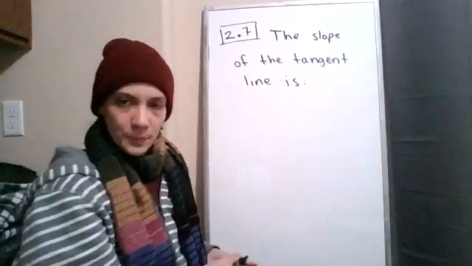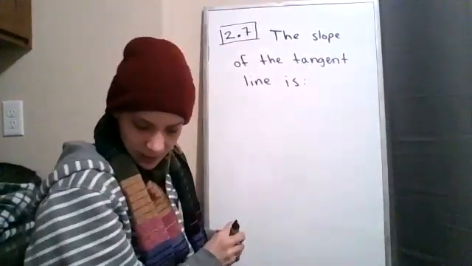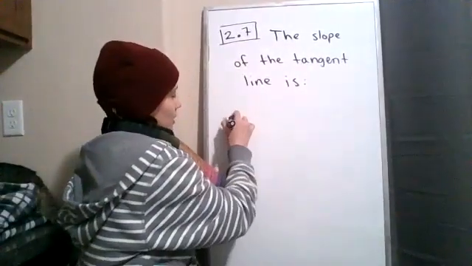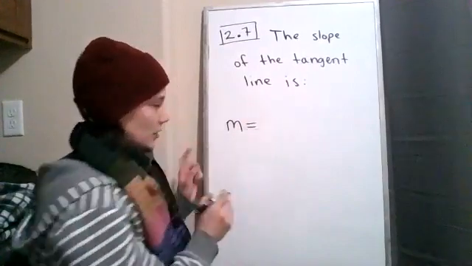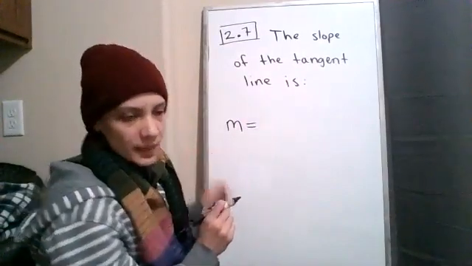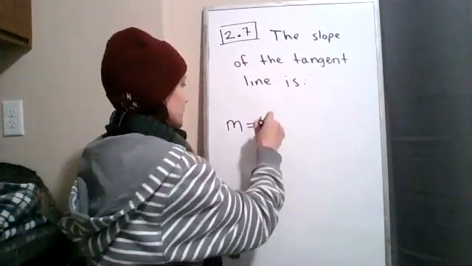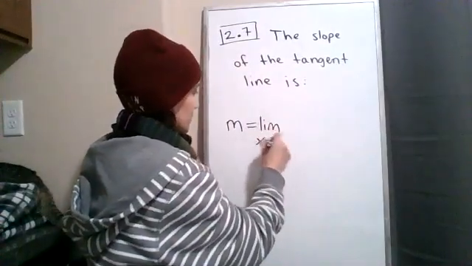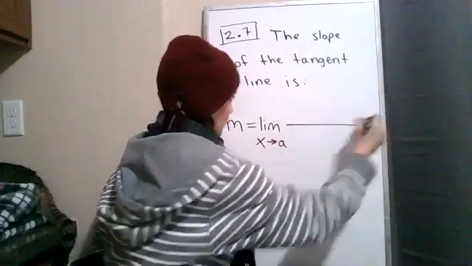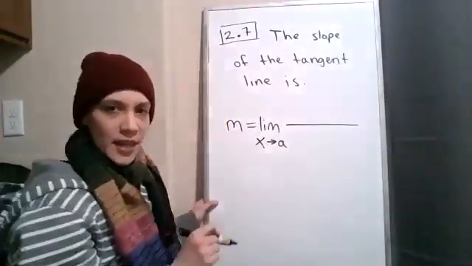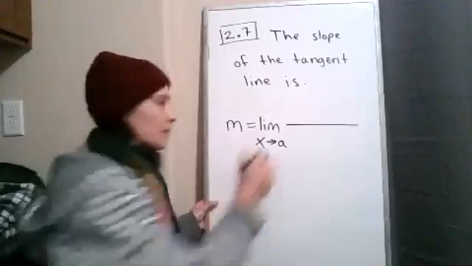M for slope will be the limit as x goes to a of f of x minus f of a over x minus a.